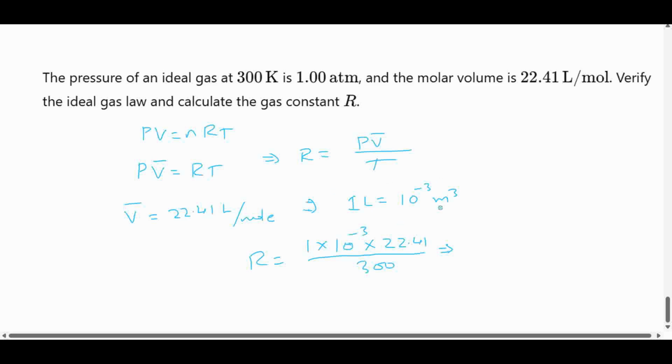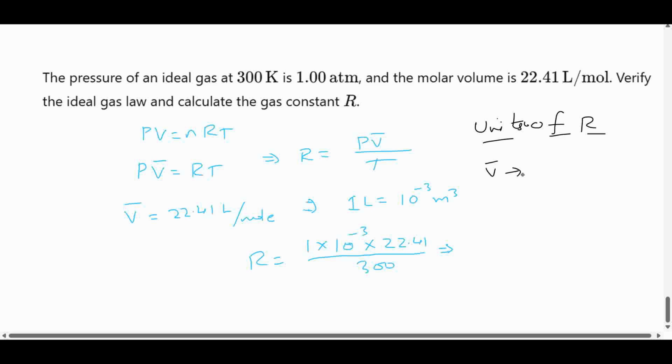So how can we think of the units here? How would be the units for R? We have pressure in SI units. Pressure is equal to force per area. Let's figure out the units of this.